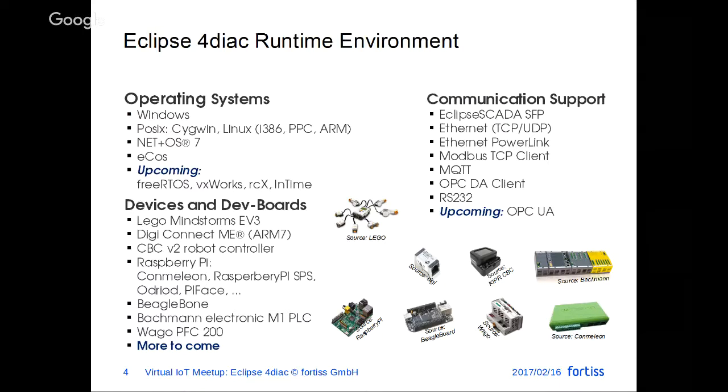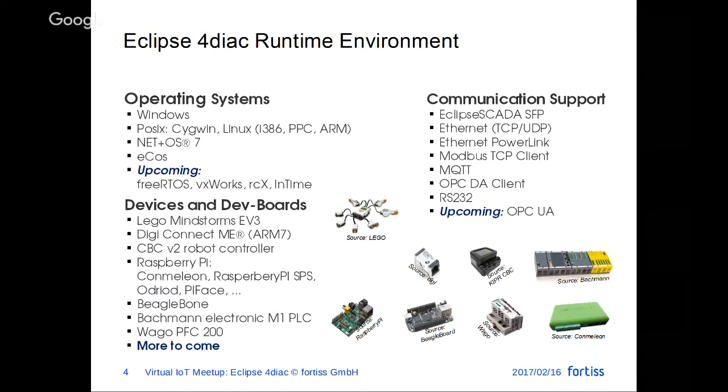We were talking about communication, and communication is also a very important feature for 4diac. So we have already worked on many different communication protocols which come out of the box. This is classically TCP communication, Ethernet communication, but also things like MQTT to get this IoT connectivity, and we already have a prototype for OPC UA, which is getting more and more popular for industrial automation.